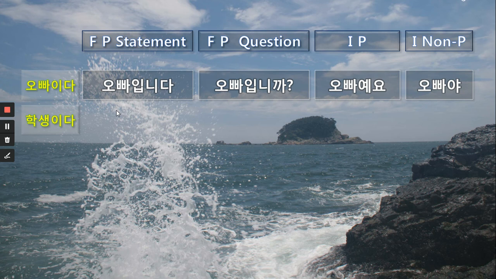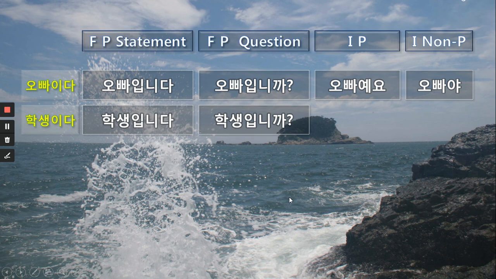학생이다. Okay. 학생입니다. Same. 학생이 has no 받침 so ㅂ니다. 학생입니다. Question? You just change this 다 into 까. 학생입니까? Informal polite, we have two forms. 이에요, 예요. 학생, 받침.